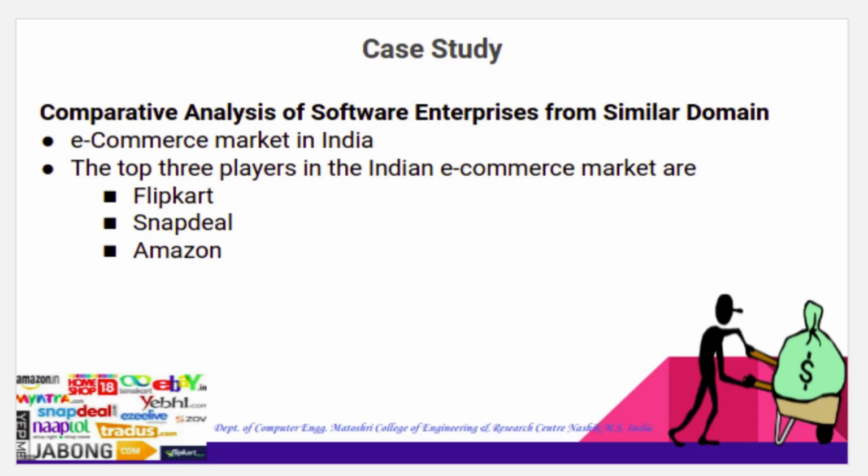This is the picture of the Indian e-commerce industry. Although Amazon is the latest entrant in this market, it has crossed $1 billion in sales and is growing at a rapid pace. Flipkart is the first and the nicest e-commerce market of India.